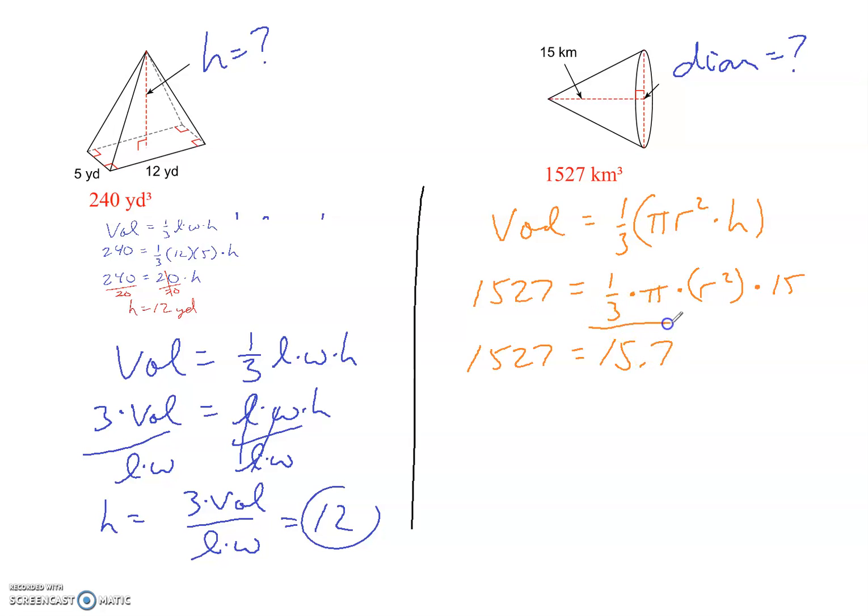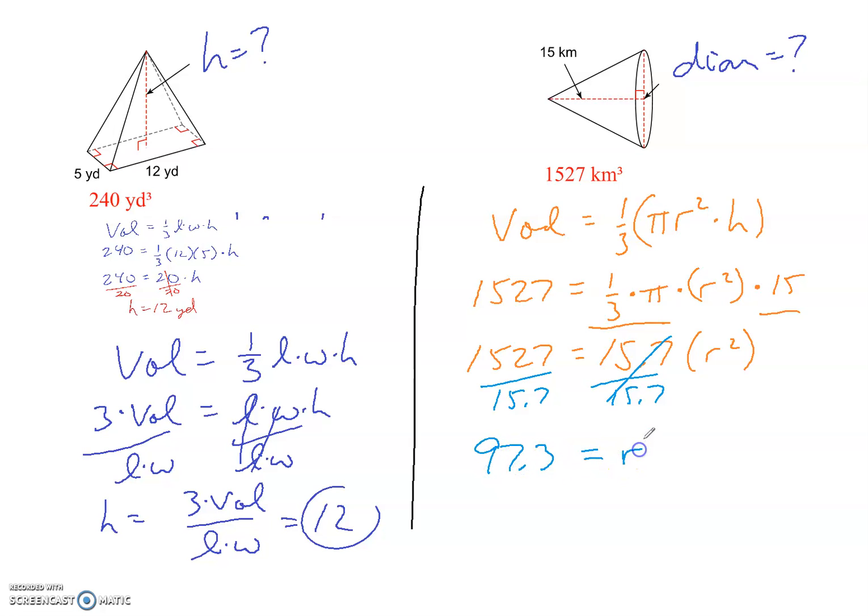That's multiplying times r squared. So now we can just divide by 15.7 on both sides to isolate the r squared. That would cancel out. And if we do 1527 divided by 15.7, we get about 97.3.